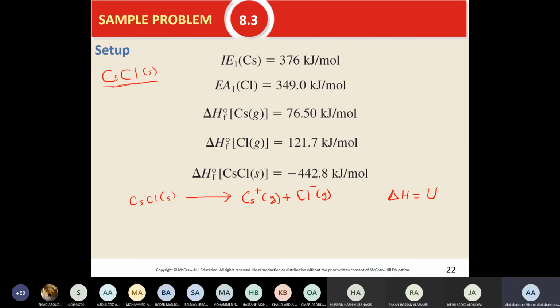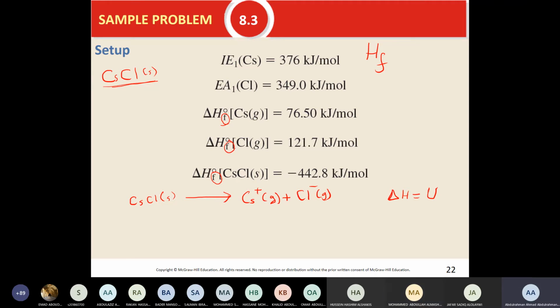By the way, before I go further, what's the meaning of heat of formation? The energy required to form a bond. No, what's heat of formation? From naturally occurring things. Yes, exactly.